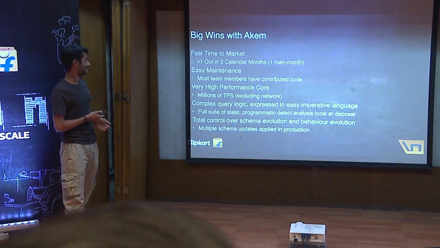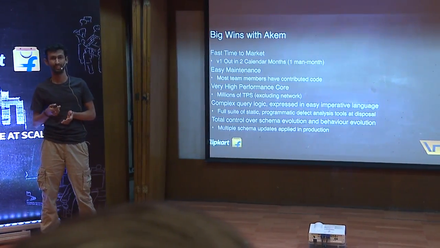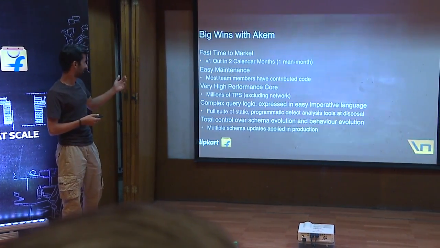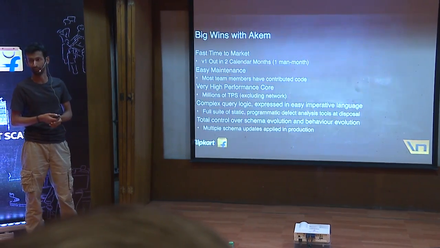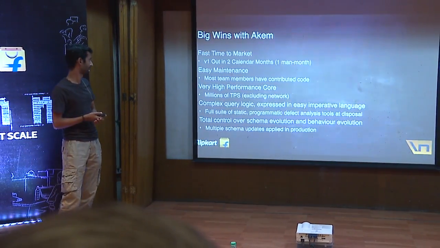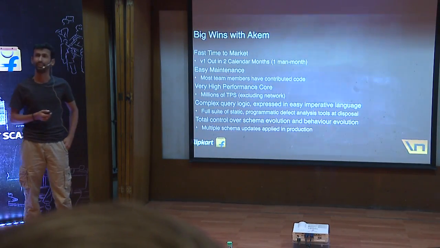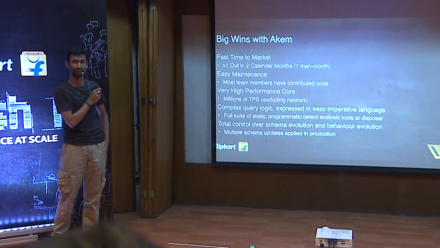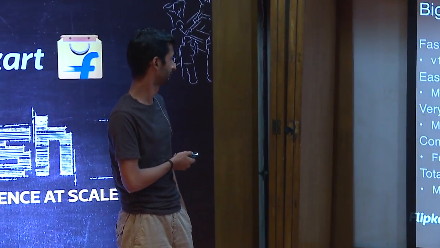Easy maintenance, yes. The number of lines of code is less than 2K lines overall, and all team members started contributing to it without any issues, because it's a very small code base and easy to maintain. Higher performance: as Tahir had mentioned, without network the performance was 10x, and the network is the only bottleneck right now.